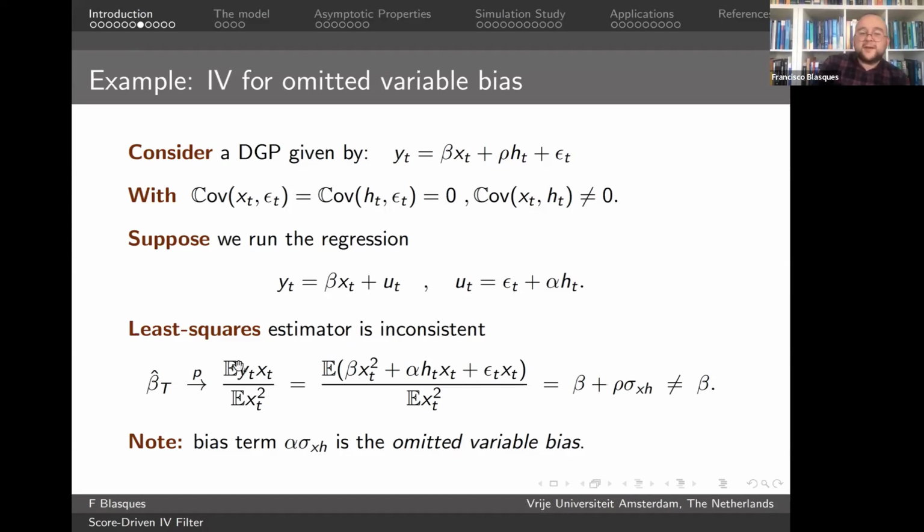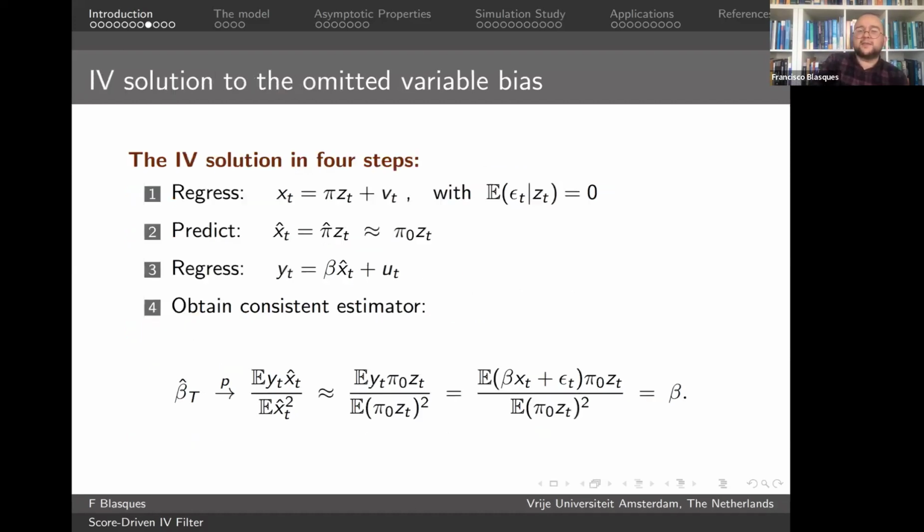So when I run this regression, as we all know, this error term now contains h inside essentially. And so this all results in beta hat converging to beta plus a term that depends on the covariance between the regressor x and the omitted regressor h. And well, that's the omitted variable bias.